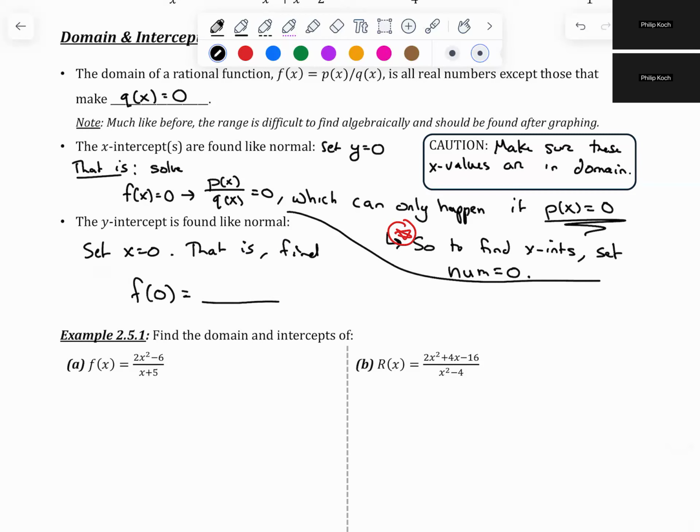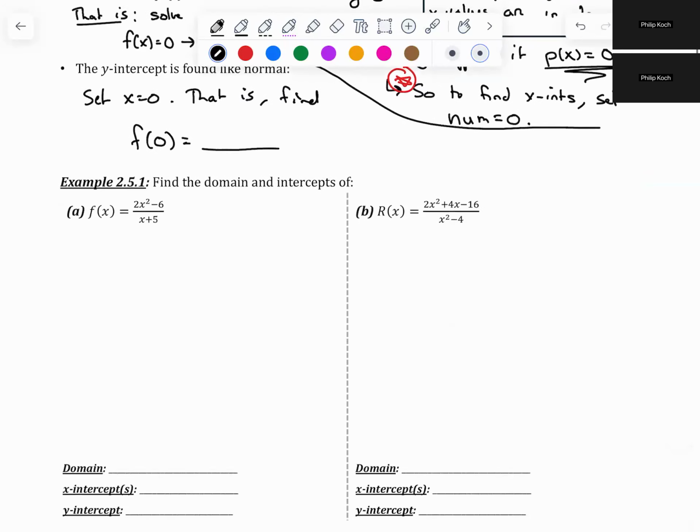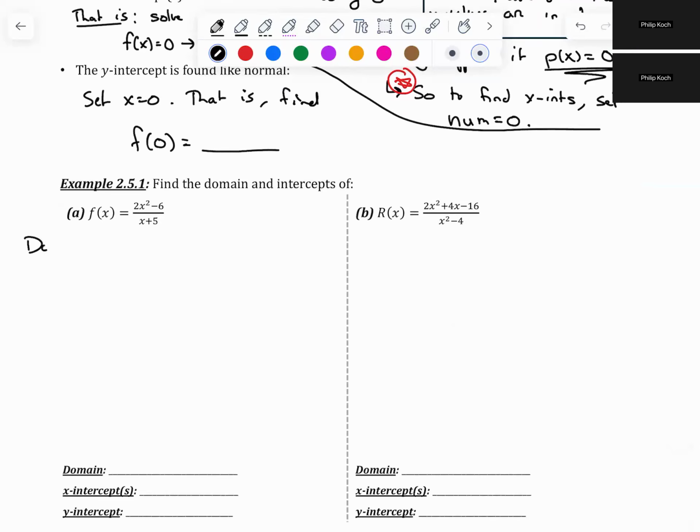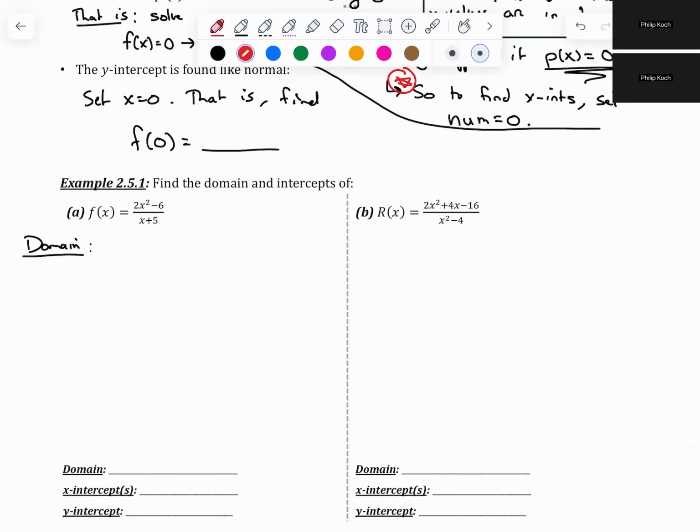So we're going to find the domain and the intercepts of these two functions. For part A, for the domain, we need x plus 5 to not equal 0, which means that we need x not equal to -5.